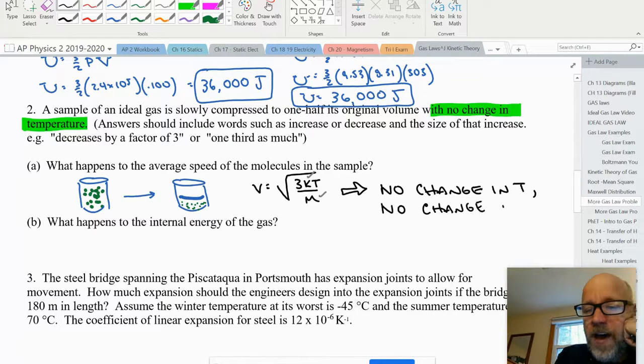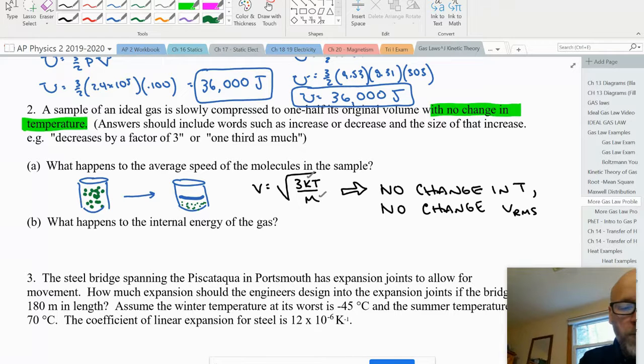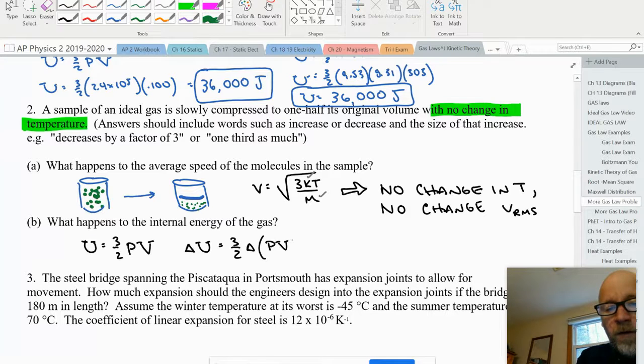And when I say average in this case, it's really the root mean square. Good. What happens to the internal energy of the gas? Oh, well, this could be more interesting. Let's see. So U is equal to 3/2 PV. So if I wanted to do the change in internal energy, it could be 3/2 change in PV.